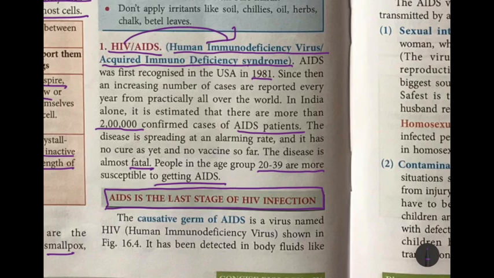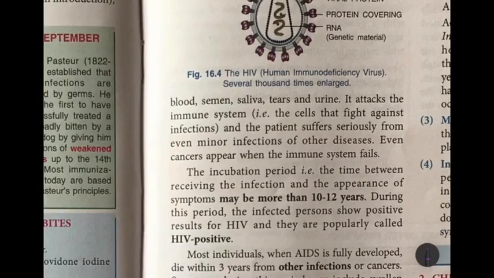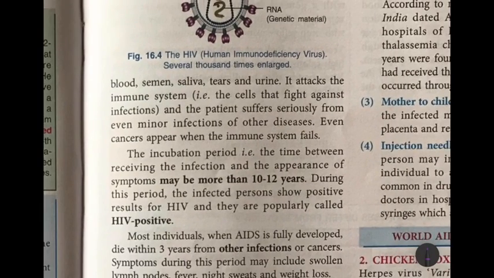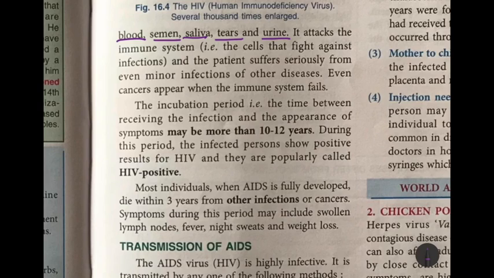The causative agent of AIDS is a virus named HIV, human immunodeficiency virus. It has been detected in body fluids like blood, semen, saliva, tears, and urine. It attacks the immune system. The immune system is the system in our body which fights against any viruses, bacteria, or germs that enter our body and keeps us healthy.